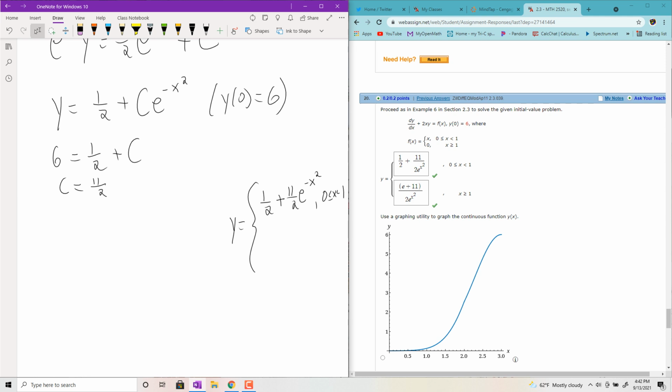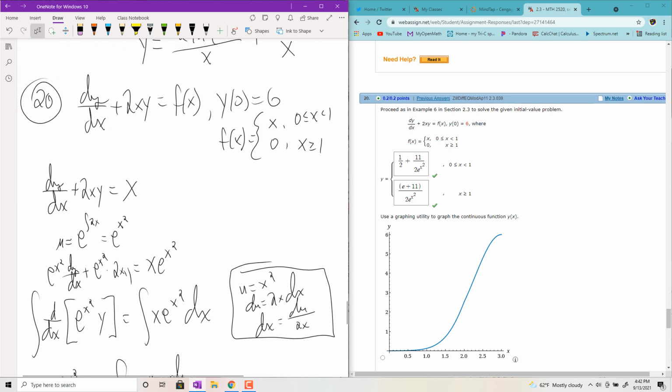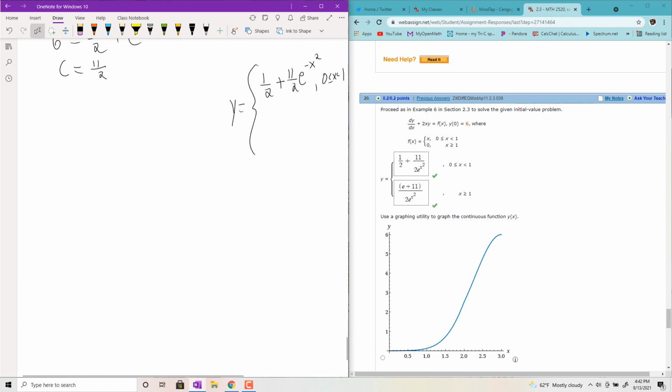Then to get the other solution, you solve that differential equation, but with 0 on the right-hand side. Okay, you use the other piece now. So dy over dx plus 2xy equals 0. Again, the integrating factor you'll find is e to the x squared.